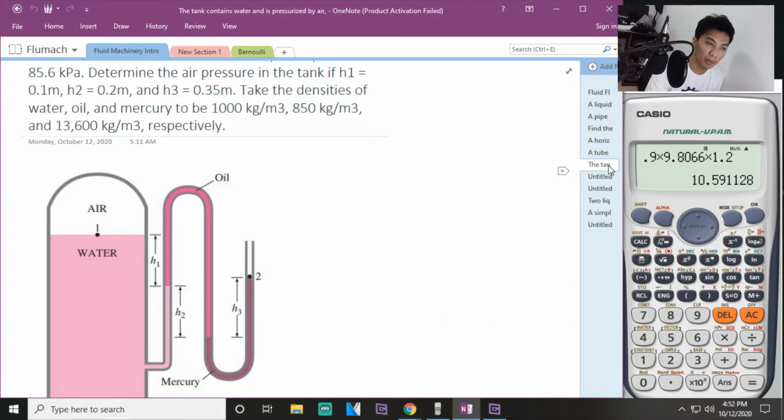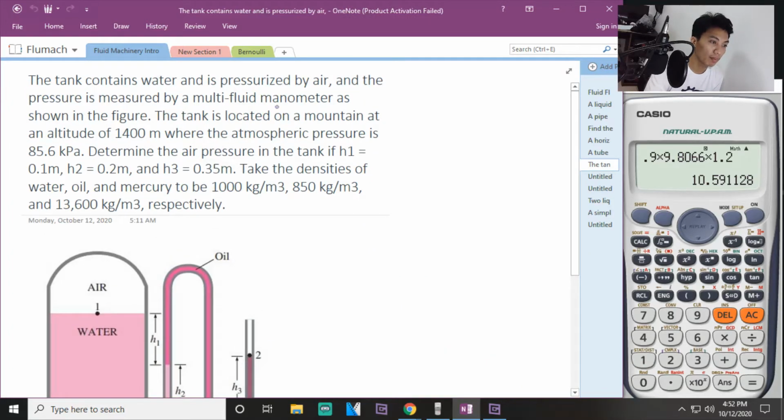So, for problem number 6, a tank contains water. Naalala nyo pa ba kung paano sinasolve to? A tank contains water and is pressurized by air. And the pressure is measured by a multifluid manometer. It's shown in the picture. The tank is located on a mountain at an altitude of 1,400 meters, where the atmospheric pressure is 85.6 kPa.